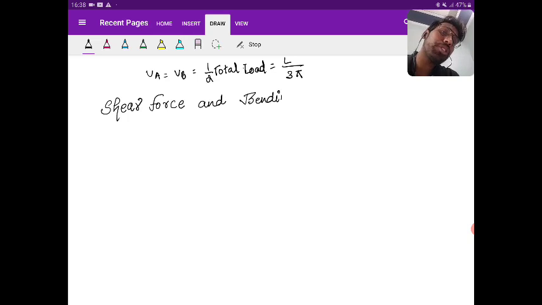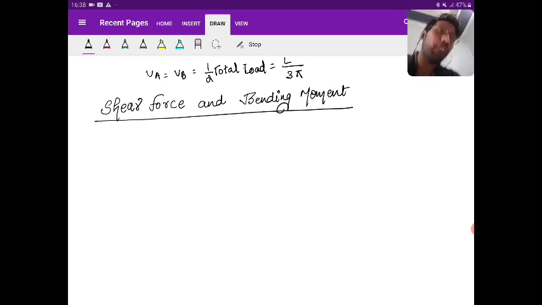What is shear force and what is bending moment? Just try to understand. It is nothing but the internal resistance.